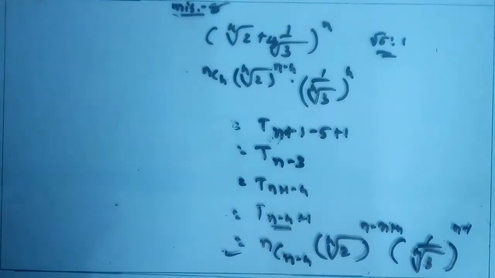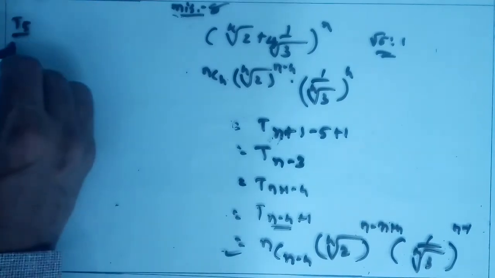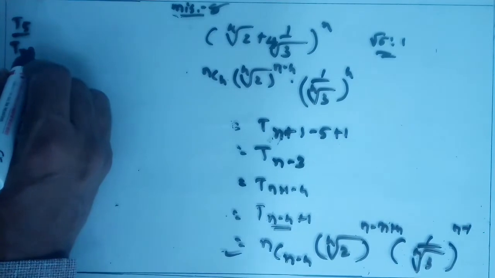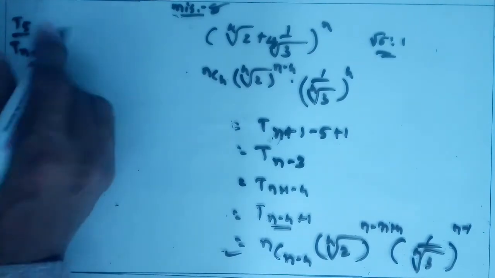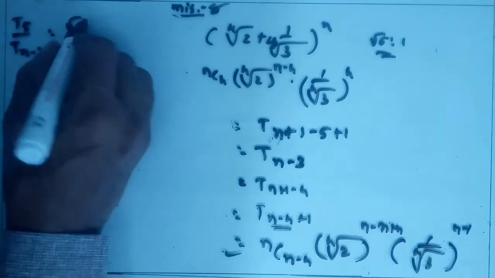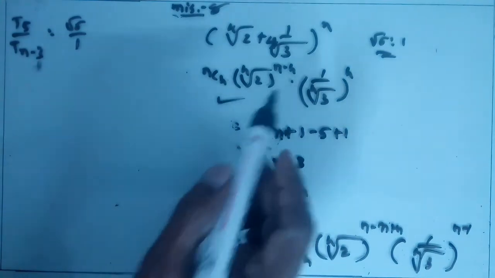Therefore T5 upon T n minus 4 plus 1, that is n minus 3, is equal to root 6 upon 1. T5 is equal to, we have these terms.